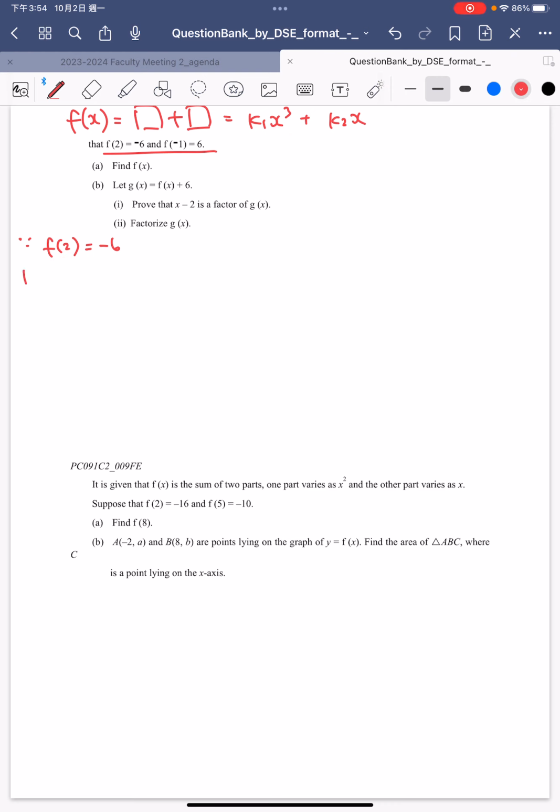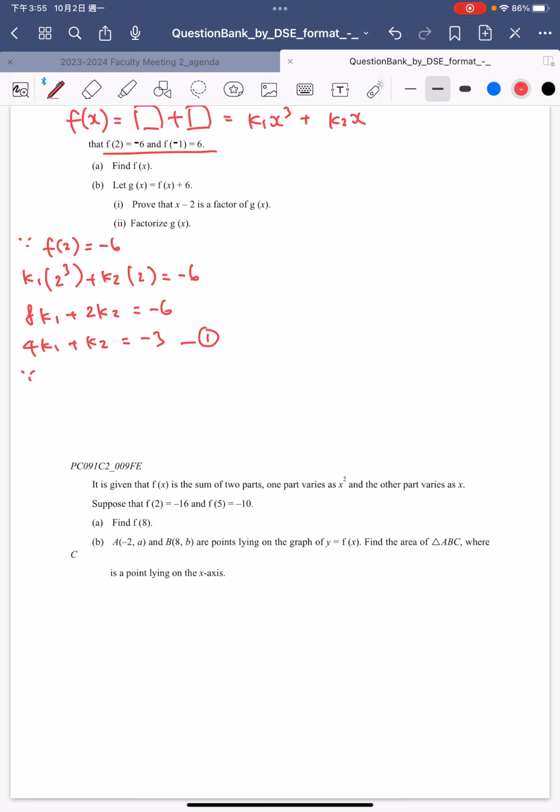Then we have k1 times 2 cubed plus k2 times 2 gives you -6. We simplify it to get 8k1 plus 2k2 equal to -6. We further simplify by dividing by 2, so we have 4k1 plus k2 is equal to -3. So that's our first equation.